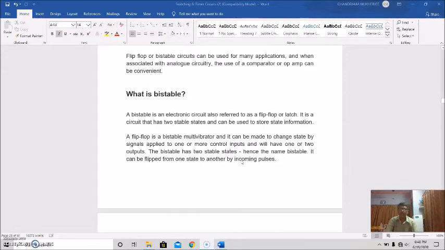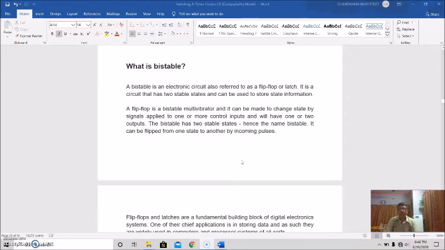Now, what is a bistable? Basically, a bistable is an electronic circuit, also referred to as a flip-flop or latch. It is a circuit that has two stable states and can be used to store state information.